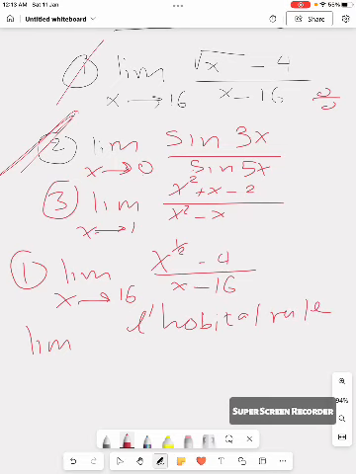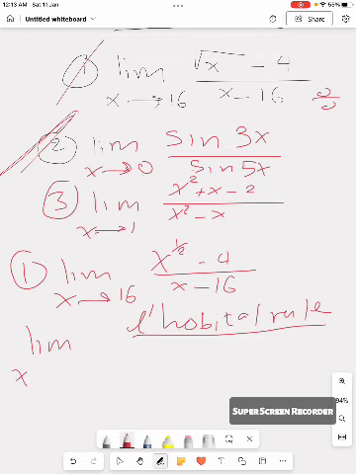We are applying this L'Hopital rule, okay? It is like a French word. Well, the guy who used this formula is from France. He's a scientist from France.